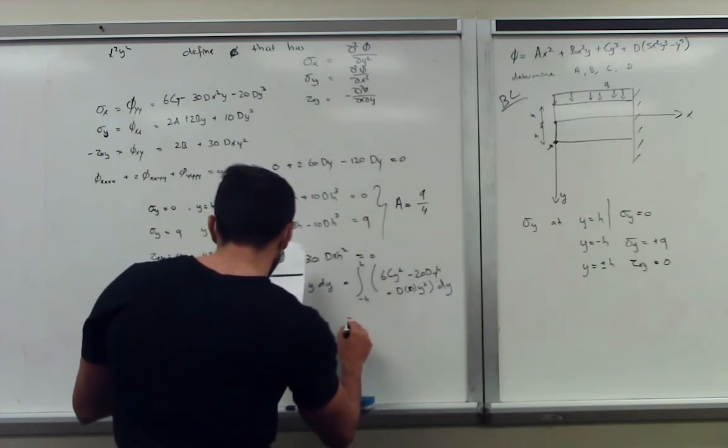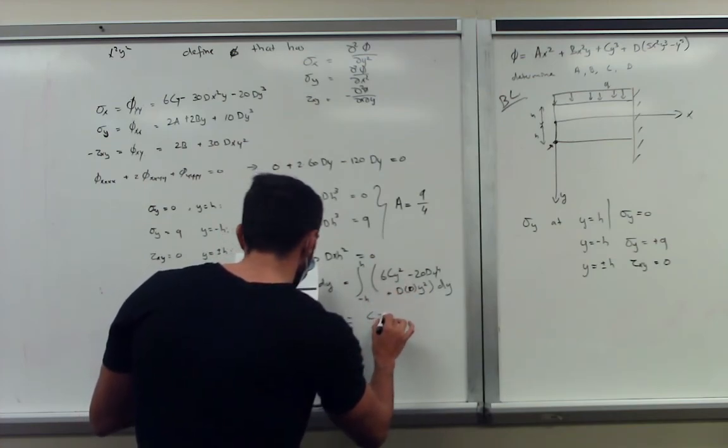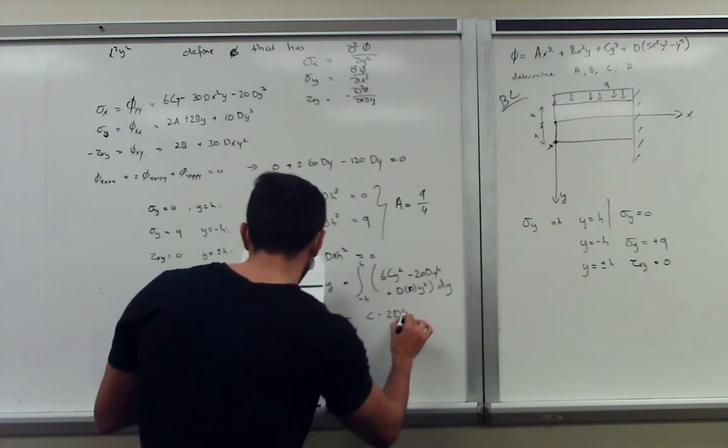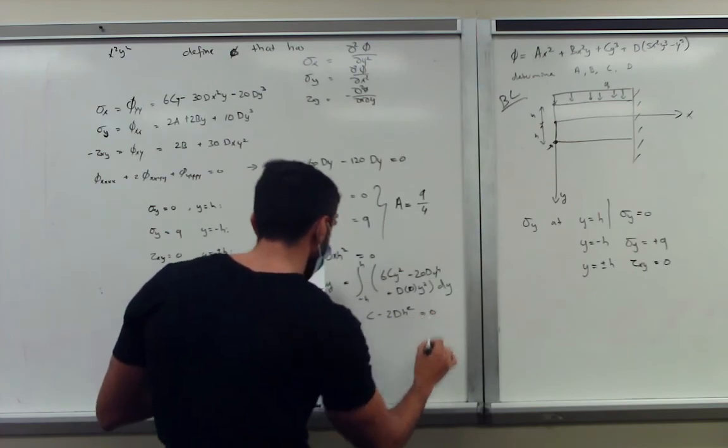So if we do this integral, we get c minus dh squared is equal to 0.